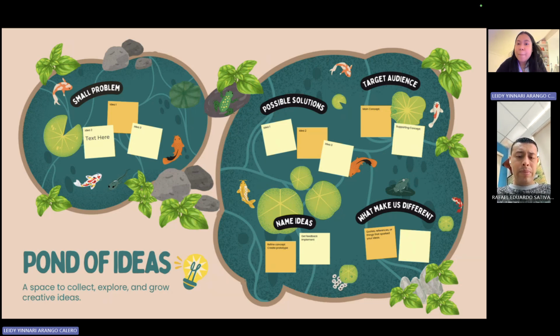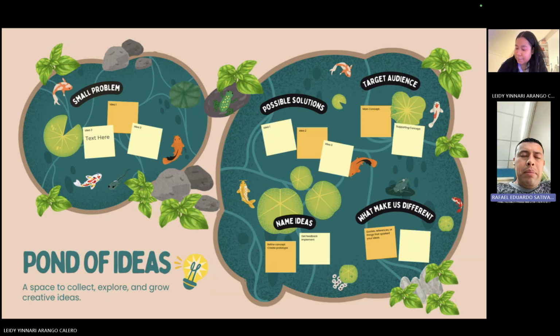So now for possible solutions to that problem, that there are not many vehicles for all people, for elder persons. What is a possible solution that you can get? Okay, there are not many vehicles. So what is the solution for that problem? The solution for that problem is, how do you say crear?